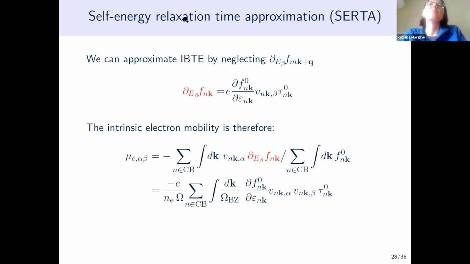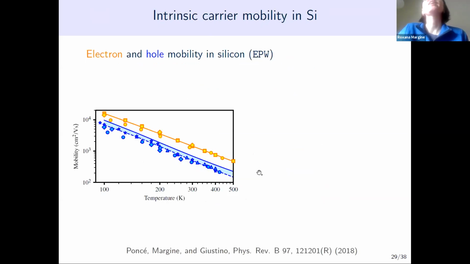And that's why we call it the self-energy relaxation time approximation. In this approach, the electron-phonon mobility can take this simpler expression that I'm showing here. Sorry, I have to speed up a bit, but I only have a couple of examples to show. So now let's first see how the Boltzmann transport formalism performs.